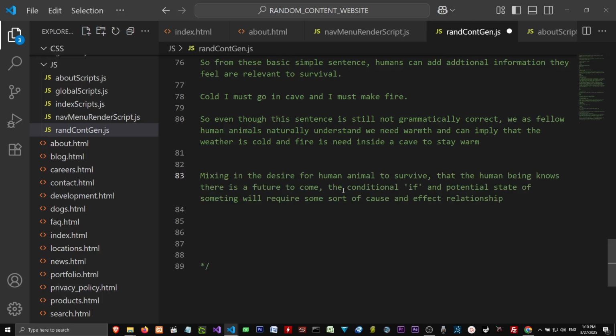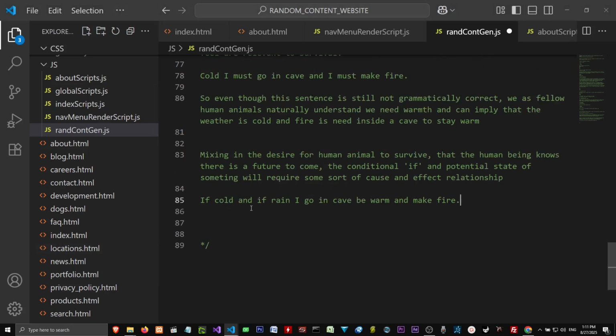So mixing in the desire for the human animal to survive, the human being knows there is a future to come, the conditional if and the potential state of something will require some sort of cause and effect relationship.